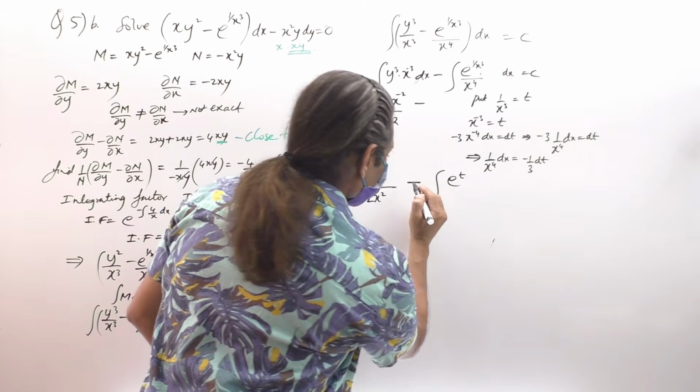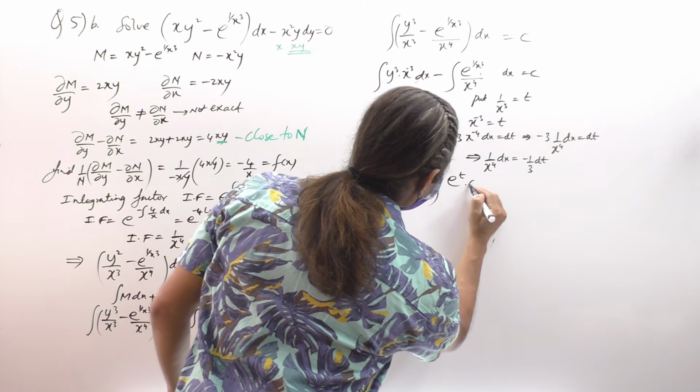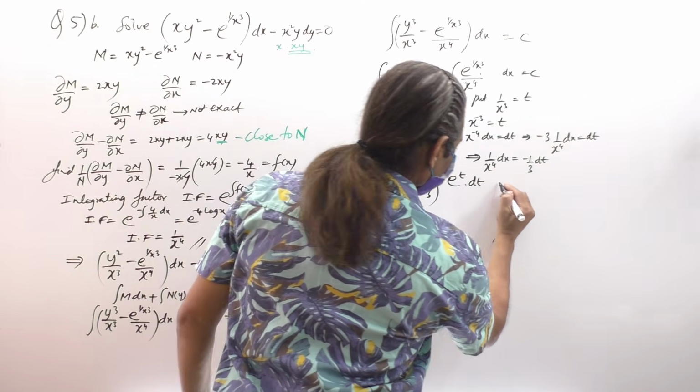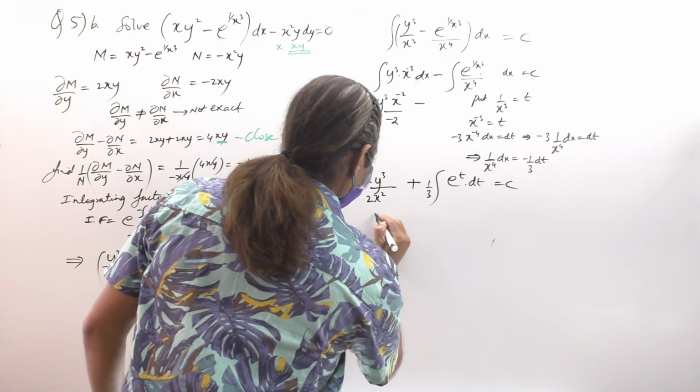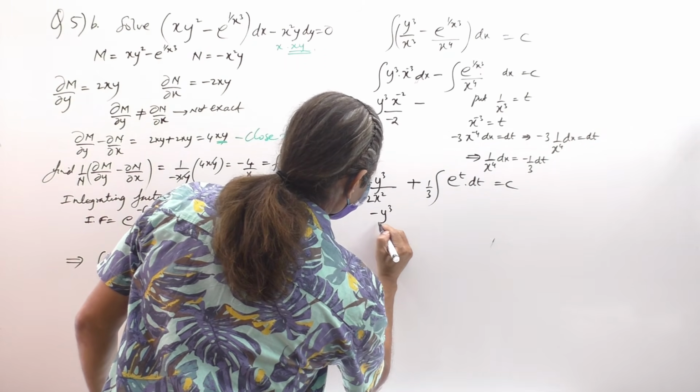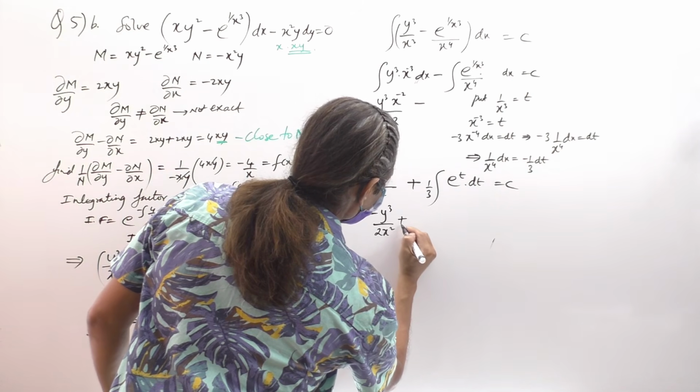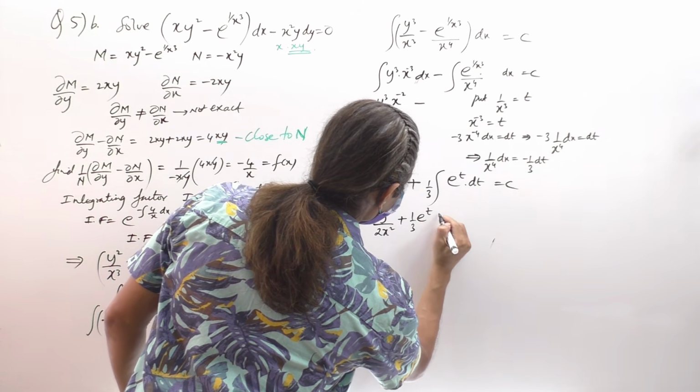It's minus 1 by 3, so plus 1 by 3 dt is equal to c. And as you know, integration of e raised to t is e raised to t only, so that is minus y³ by 2x square plus 1 by 3 e raised to t is equal to c.